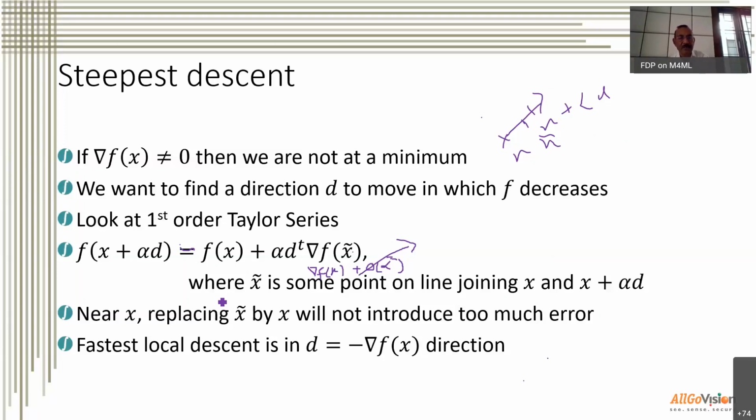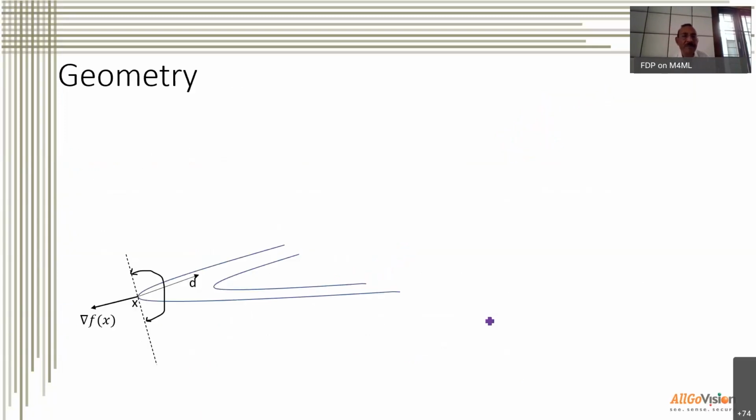As we see in the geometry in the next page, the fastest local descent is in direction D equal to minus del f x. If I move in the minus del f x direction, I will get the fastest decrease locally. Okay. Now, how does that happen? Let's say these are function contours of constant function values.